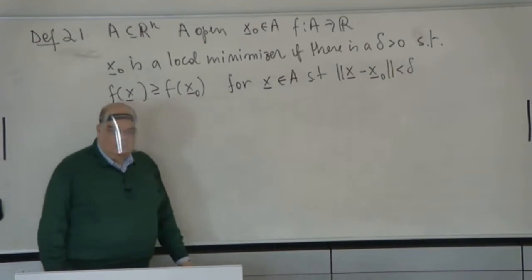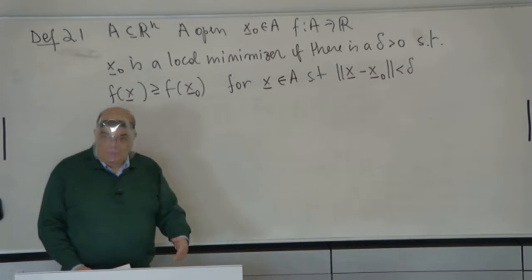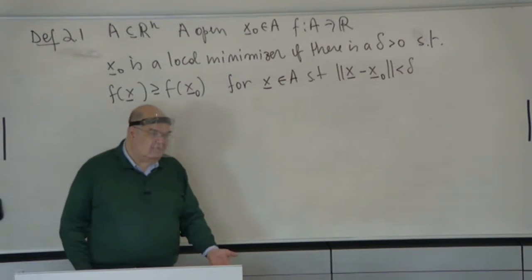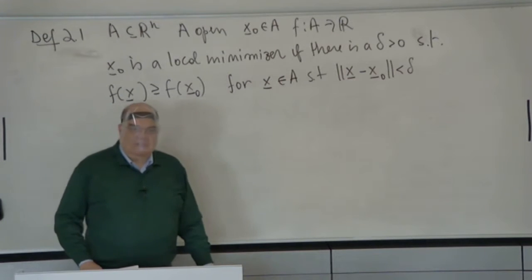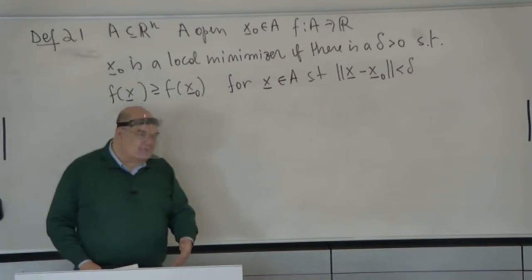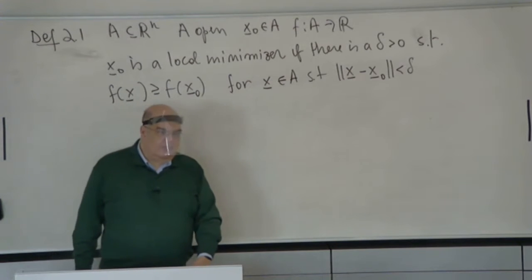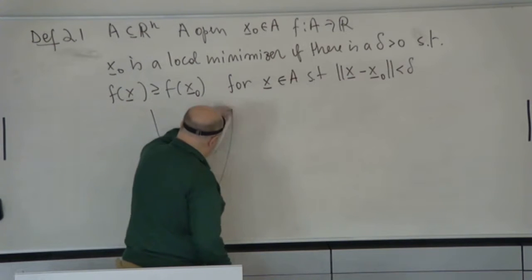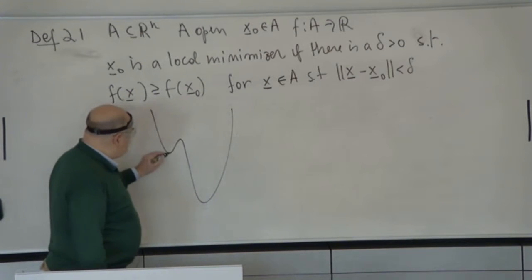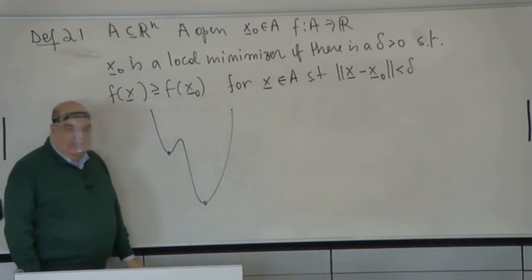Now, of course, the search is usually for global minimizers. Why? Because you want to find the best thing. And sometimes finding the second best or the third best is not that good. So even with functions of one variable, of course, this is a local minimizer and this is a global minimizer.